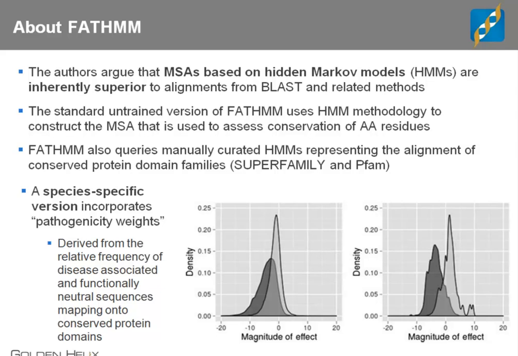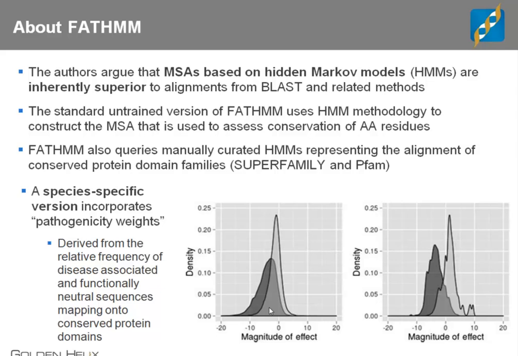And they have this additional extension, a species-specific or human-specific version, if you will, that incorporates pathogenicity weights. And really what's going on there is they check the MSA alignment to look for any known disease-associated sequences and look at the relative frequency of those disease sequences versus known neutral sequences and weight the results accordingly.